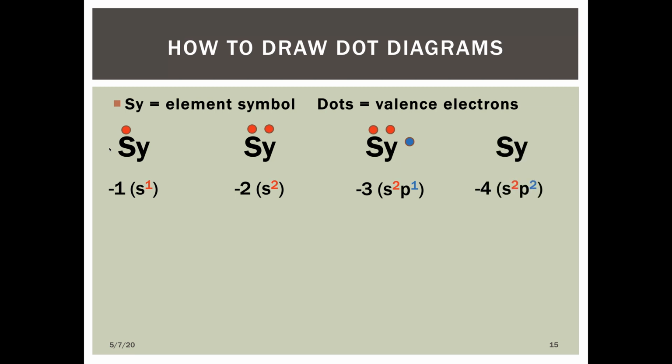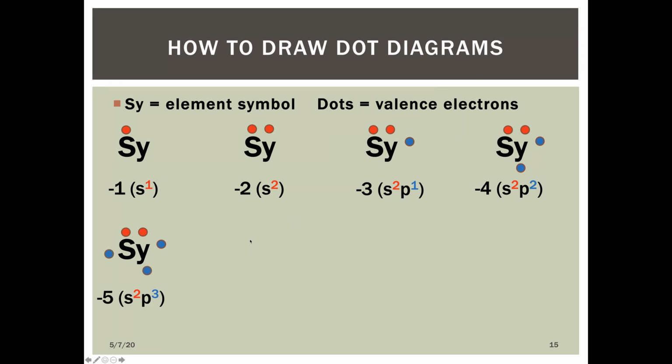With 4 valence electrons, the first 2 fill up s. And remember, p fills up 1 orbital at a time. This side is 1 orbital, this is the next orbital, and this is the next orbital. The 3 orbitals for p, which means if it's 5 and there are 3 p electrons, the first 2 go together and then up, up, up.